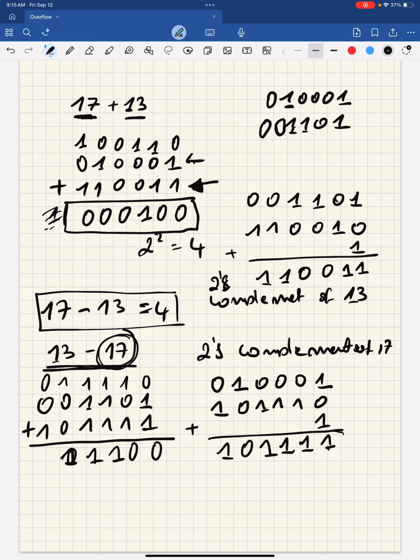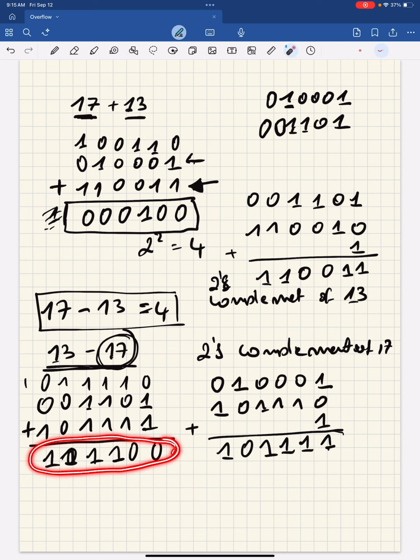Then 0 plus 1 is 1, and we don't have a carry there. So the resulting number for this operation is 1, 1, 1, 1, 0, 0.